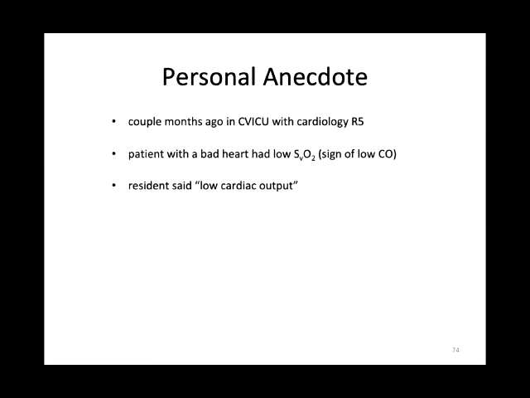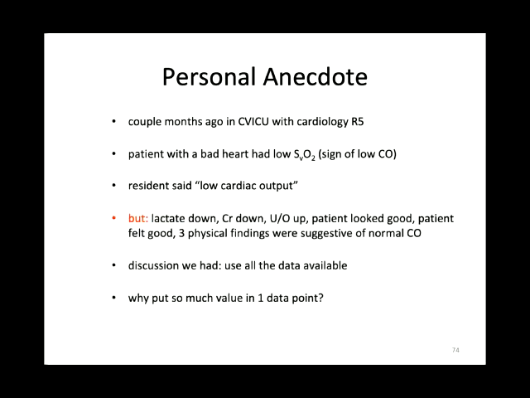And so the resident said, well, this guy has low cardiac output. And I said, well, the lactate is down, the creatinine's down, the urine output is up, the patient looked good, he felt good. There were some other physical findings that suggested a normal cardiac output.